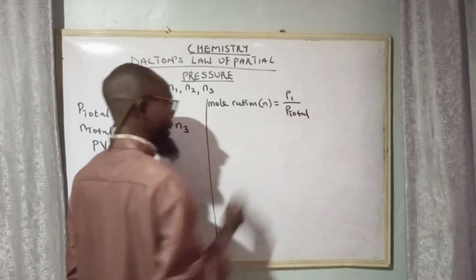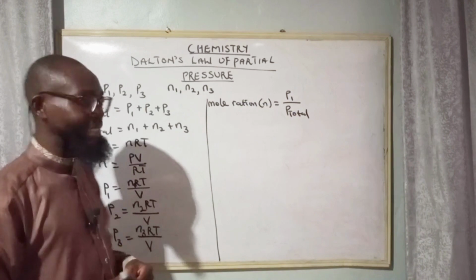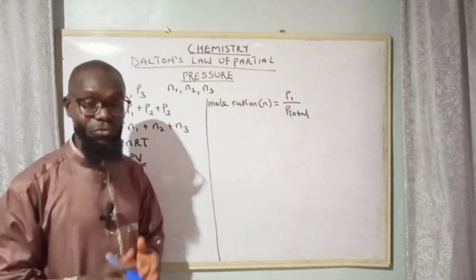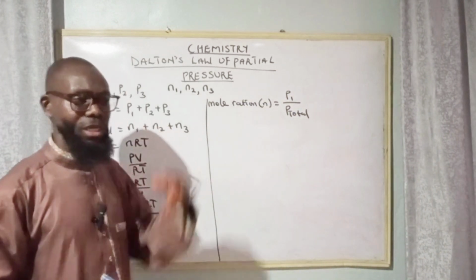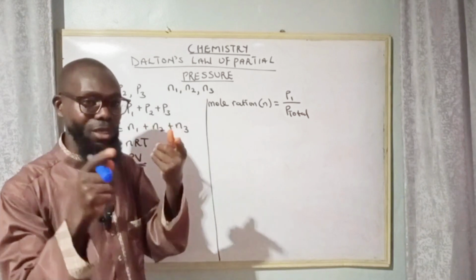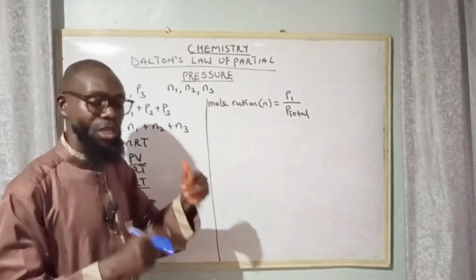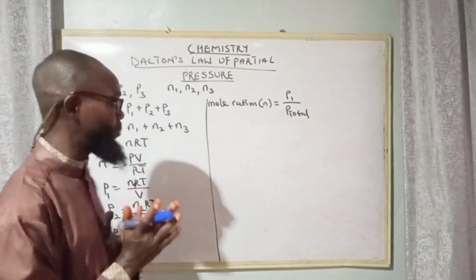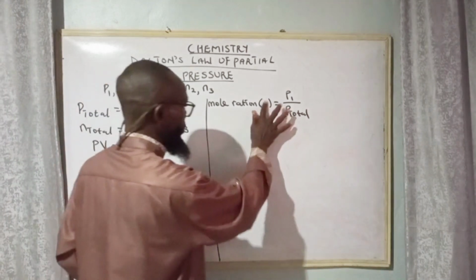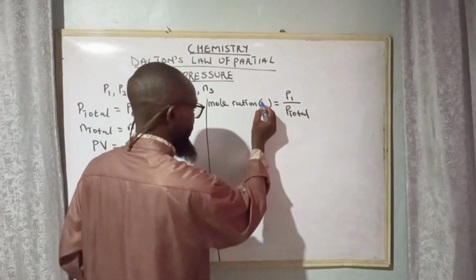Don't forget in mathematics, if you want to get the ratio of something, or a fraction, it is going to be the number over the total number. That is the pressure in this case over the total pressure. Now, this mole ratio, let's call it X1.